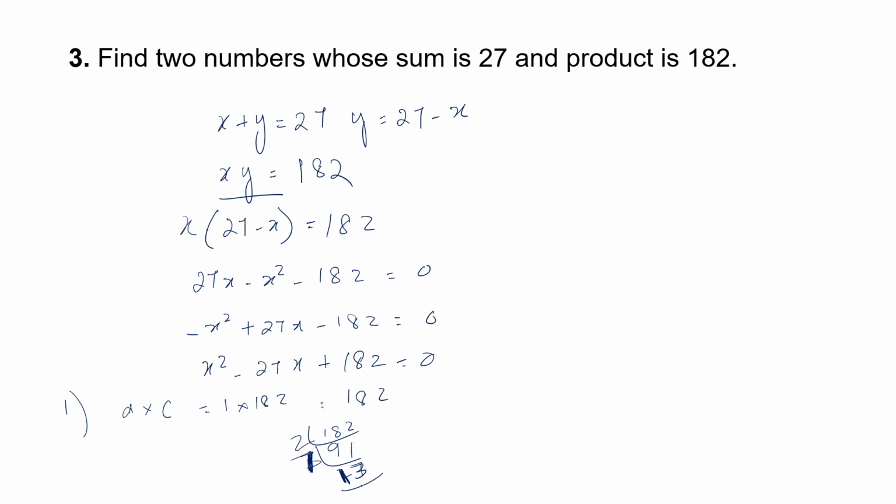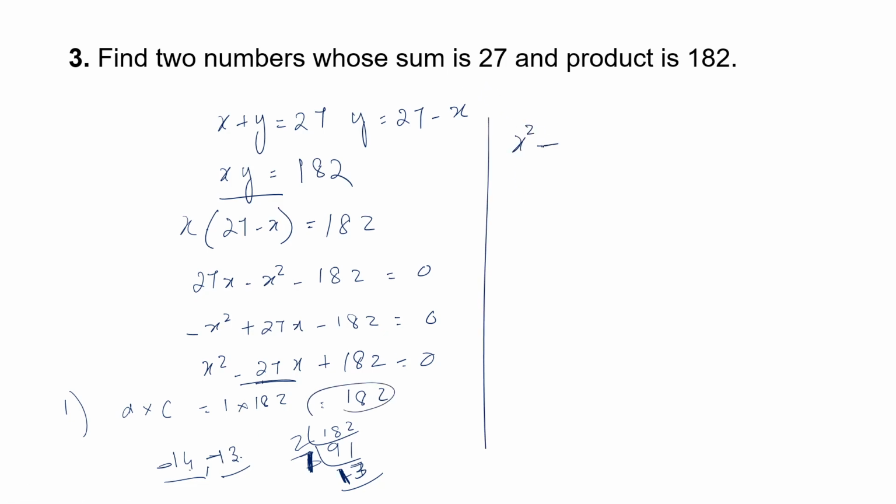So on adding that, you should get minus 27 here. So I can take 14 and 13. I'll take minus both, because I'm adding this, then only I'll get minus 27. On multiplying this, I will get 182. Okay, so I can split this.